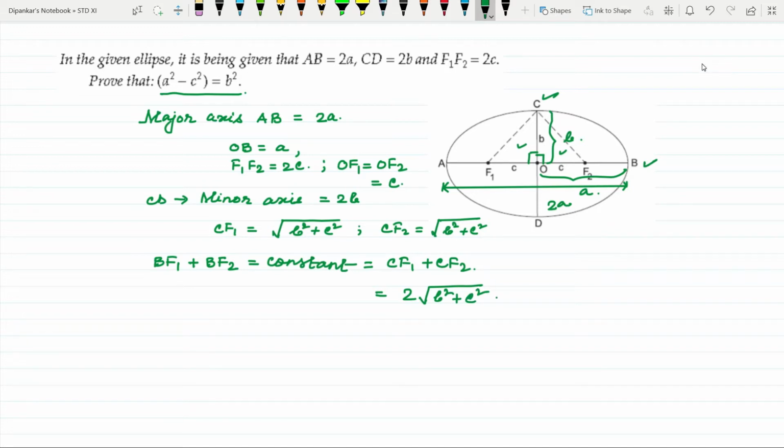And what about BF1? BF1 can be written, from the figure you can see, as OF1 plus OB, and BF2 we can write as OB minus OF2.